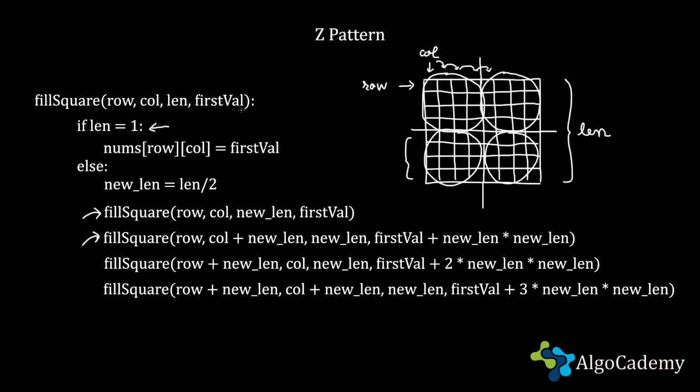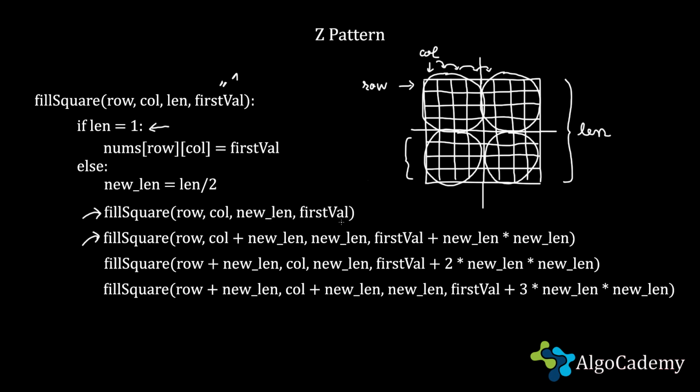First val plus the new length squared, right? So just for the sake of an example, let's say first val is 1. If first val is 1, then when we made this function call, we basically said that the new length is what? 4, right? The length divided by 2, so 4, and first val is 1.